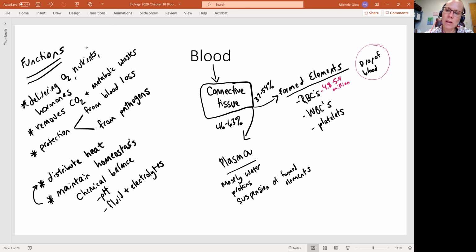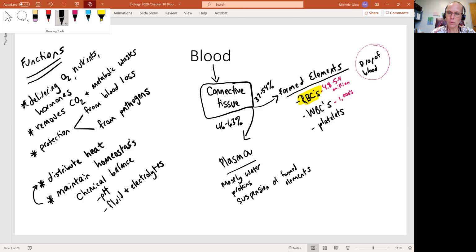And then when we look at our white blood cells, we'll see thousands of white blood cells in that drop of blood. And then I don't actually have a number for how many platelets, but it's probably closer to the white blood cell, definitely, than the red blood cell. So we are going to see that in the formed elements, the red blood cell is going to be the most abundant. So we'll be talking about that one quite a lot.